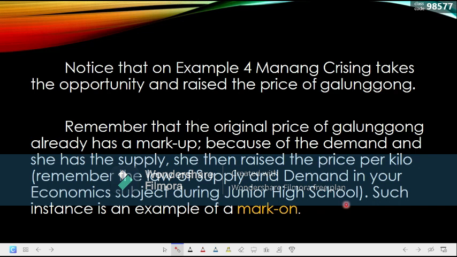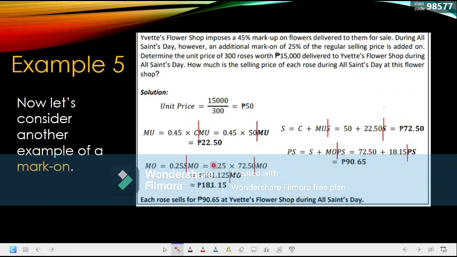Meaning, the demand and the supply are inversely proportional. Now, such instance is an example of a mark-on. Okay. Now, let us proceed to example number 5. Another example of mark-on.